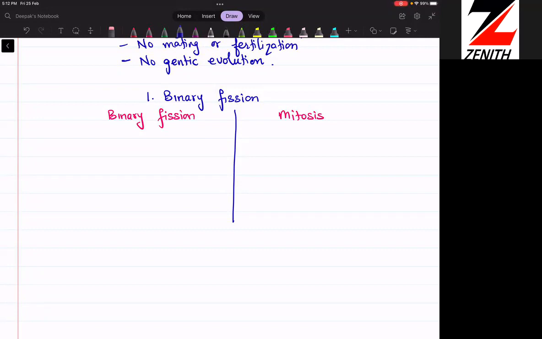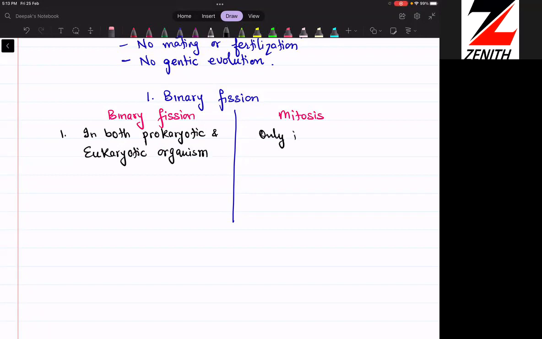So the first difference: binary fission takes place in both prokaryotic and eukaryotic organisms, while mitosis takes place only in eukaryotic.